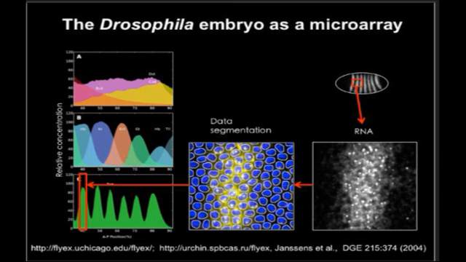We segment these, and we can register them to the protein pattern. We also stain for Eve. And so this gives us a very precise data set that essentially amounts to using the Drosophila embryo as a microarray. But we don't have to pay tens of thousands of dollars for our array. We just feed the mother fly cornmeal and molasses. And for some of you other geneticists, they also like to eat yeast.